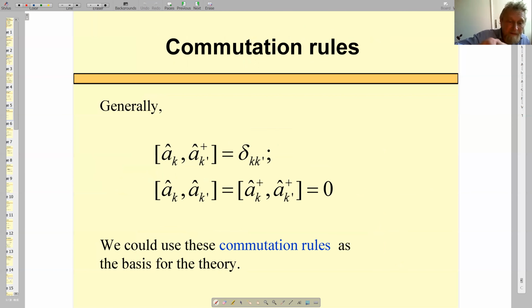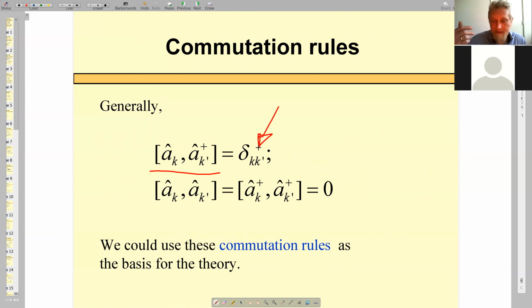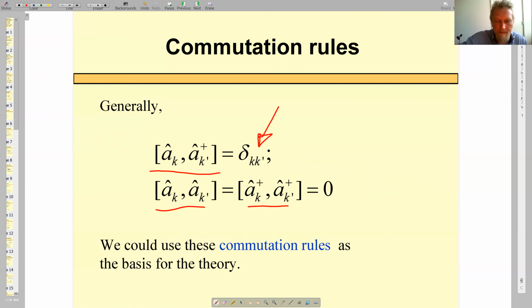And luckily enough, all these operators do commute at different levels. That's how I write it, with a Kronecker delta function. So it's zero if k is not k prime. One can also see from concrete calculation that two annihilation operators, and two creation operators, do commute.